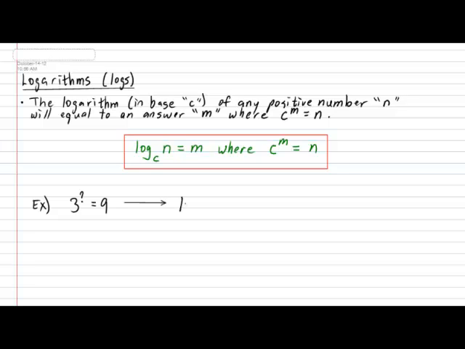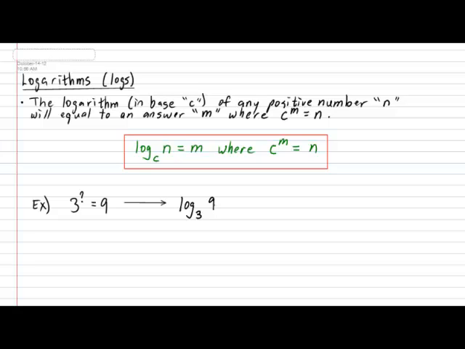We write the word log, and as the above definition states, the base, in this example which is 3, is written kind of below the log, and the number 9 is written next to the log. And the way we read this is log base 3 of 9.